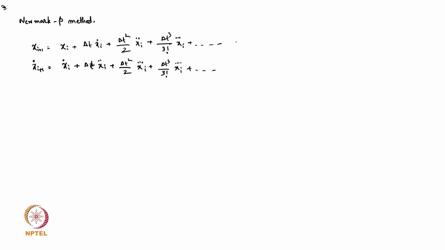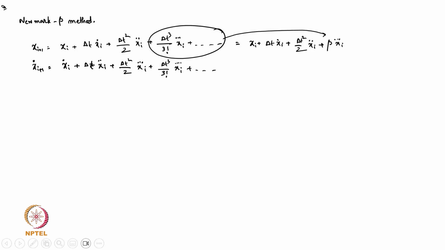So what they are telling is that this term is nothing but equal to x i plus delta t x i dot, sorry, not delta t by 2, delta t x i dot plus delta t square by 2 x i double dot plus beta times delta t cube into x i triple dot.